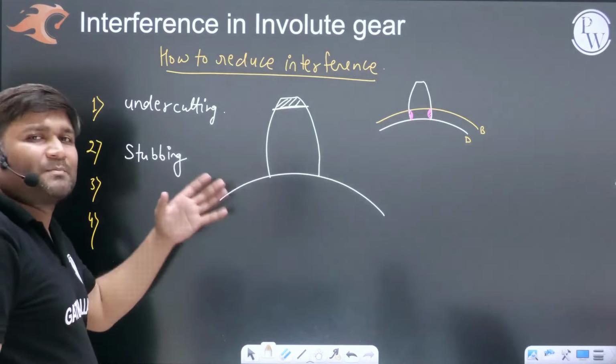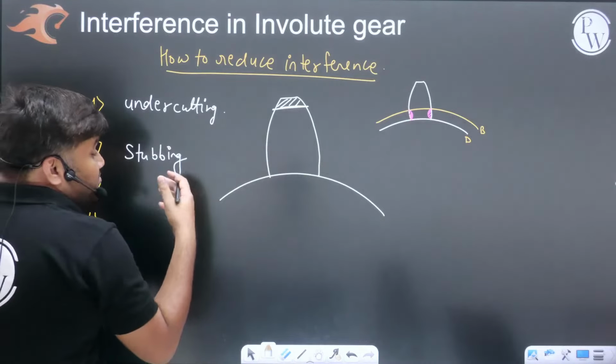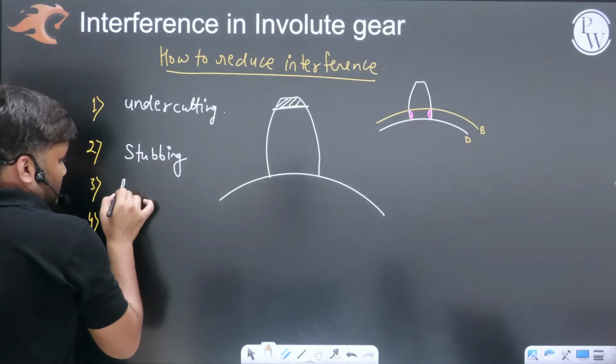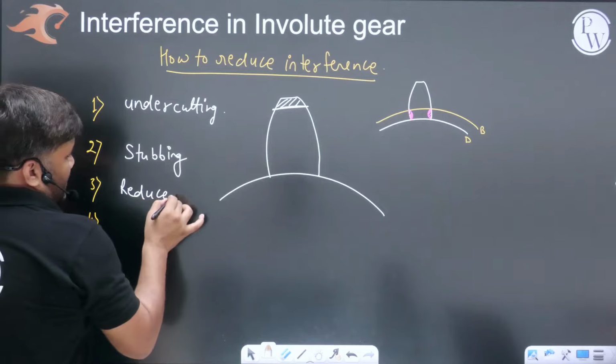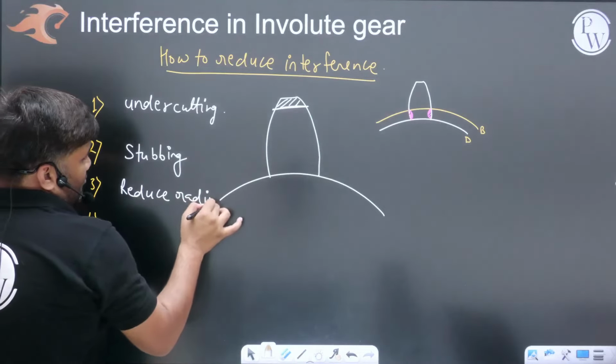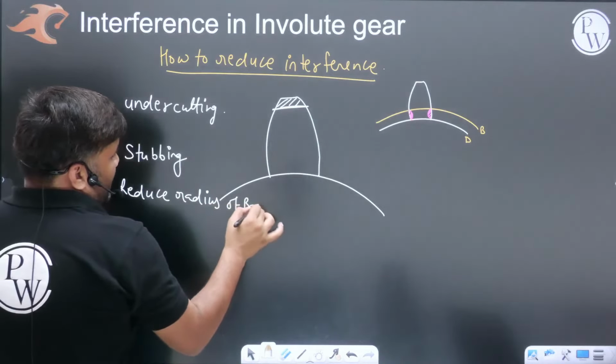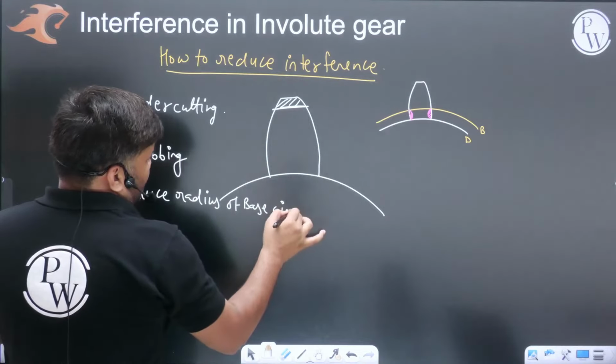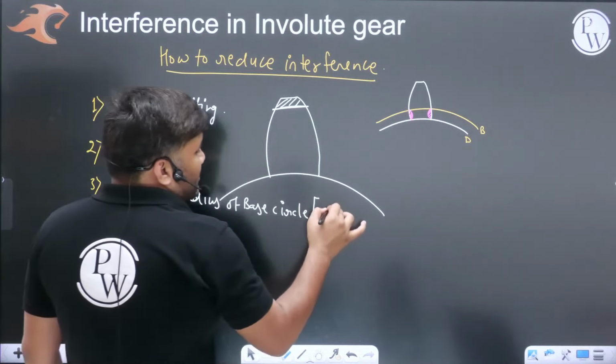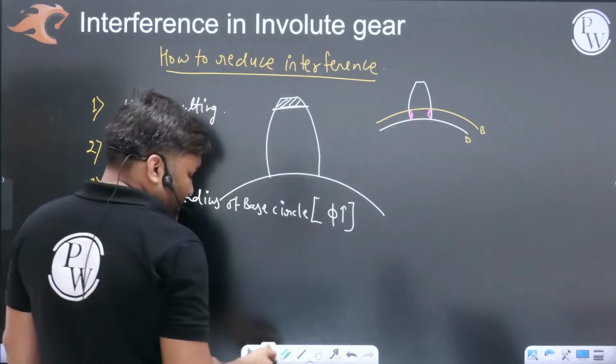Another student suggested that, sir, you can reduce the radius of the base circle, or simply you can increase the pressure angle, beta.